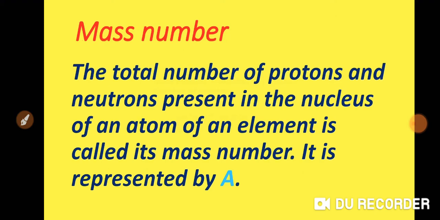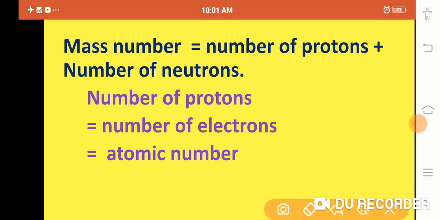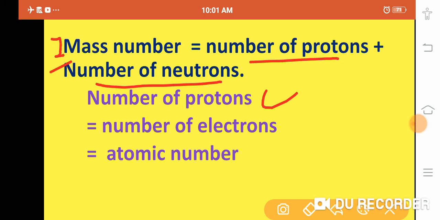Understood, my dear? What I told you: mass number is the sum of the protons and the neutrons. And how will you know how many protons are present? So number of protons, this is formula number 1. Formula number 2: number of protons is equal to number of electrons, which is equal to the atomic number.